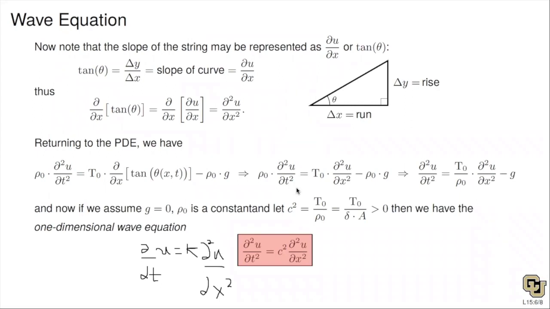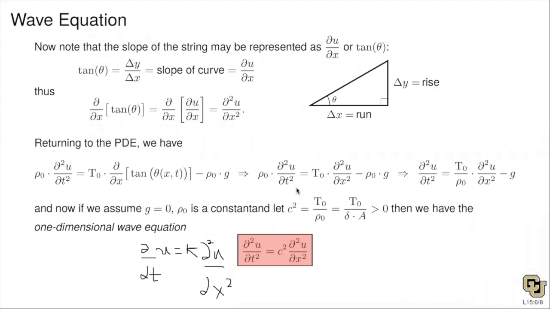We're treating the horizontal component of the tension as a function, but the vertical component we're treating as constant. So T naught is the horizontal tension, right? Okay, got it. Right. So if you had a guitar and you turned the key on the end of the guitar, that would increase the tension, I believe. So I think that's what's going on with that horizontal tension.